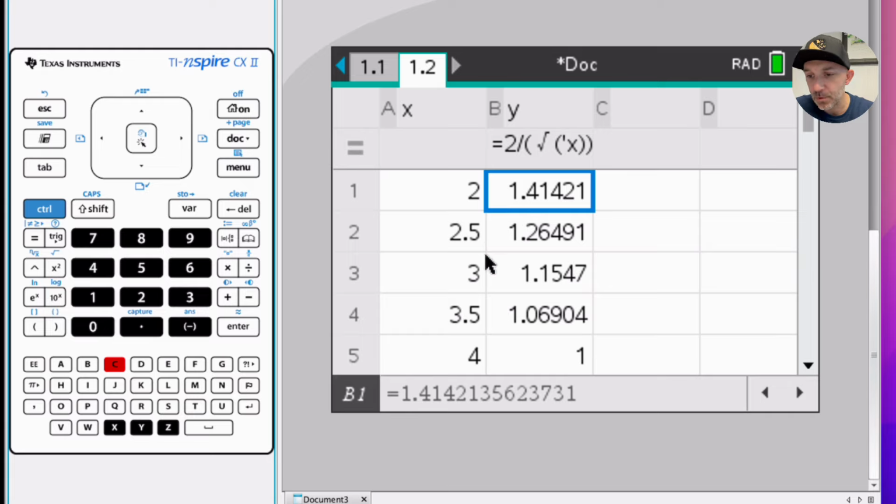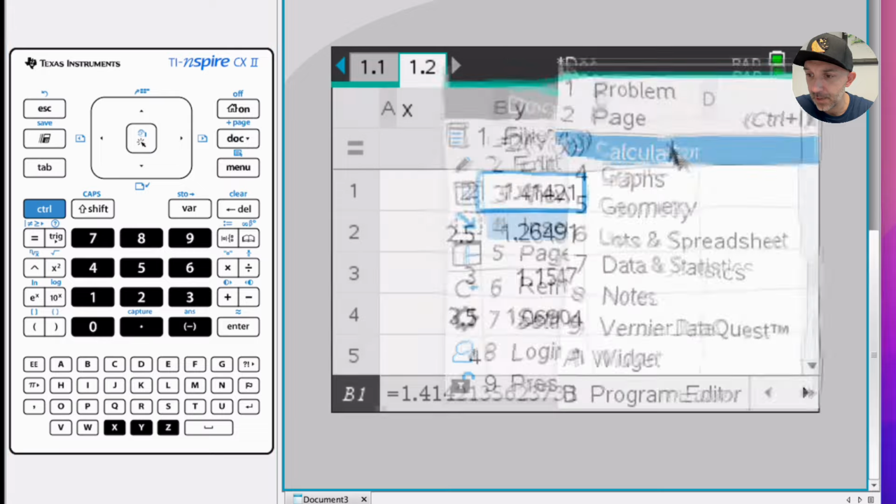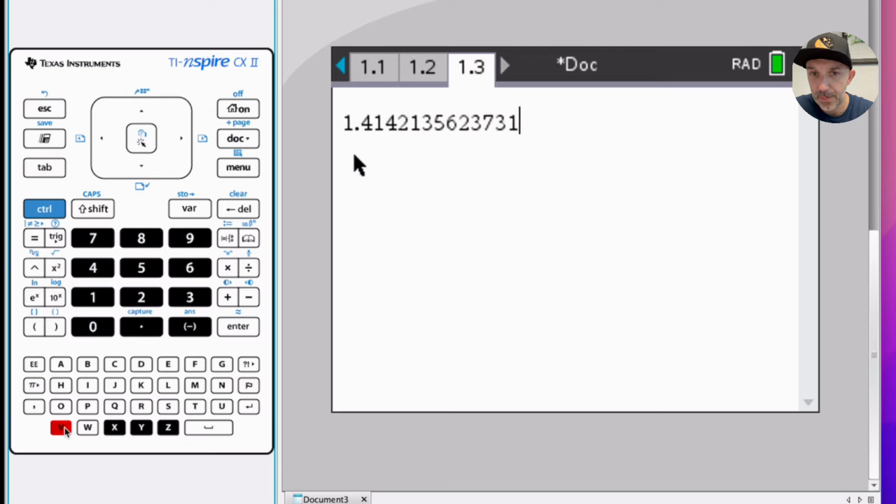Now, I do think that that's a more time-consuming process because you're going to have to flick between a calculator screen and coming back and pressing Control C and then pressing Control V. So what you can do is open up or insert a calculator page, and if you needed to paste that value, you would just, like on a normal computer, press Control V, and it pastes it. I do think that is quite time consuming. So you choose whether you want to write the values down or just use Control C, Control V. But I'm going to pause the video one more second here and get all the values put into my expression.